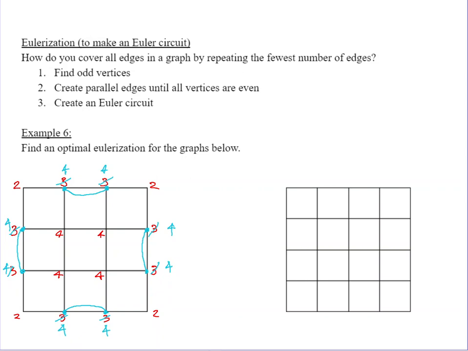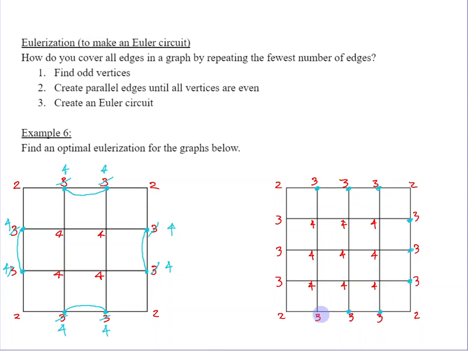But let's look at another example. If I go through and write the degrees for each of my vertices, I have a similar setup as my first graph, but I do have some more odd vertices because I have a bigger graph.